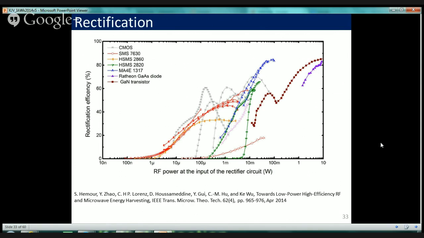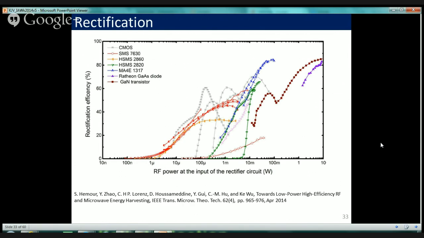If you have 10 microwatts coming in and the efficiency is 10%, you're only getting 1 microwatt on the other side into the storage. So there is a huge challenge in operating these diodes to harvest energy out of space.